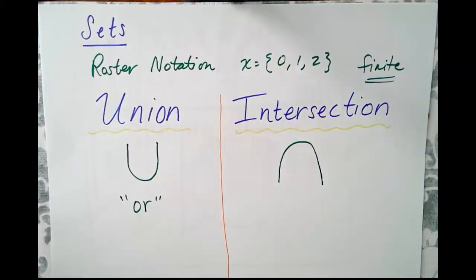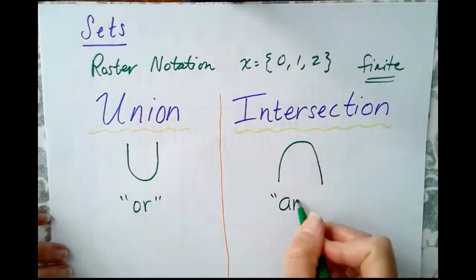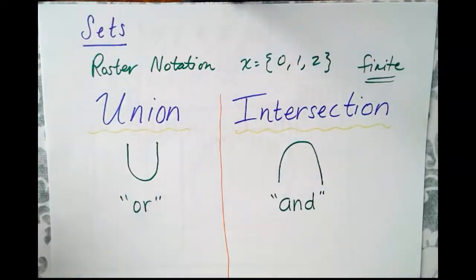An intersection of two sets is when we'll be using the word and. So if we think about a verbal example of union, we can say that everyone is either a boy or a girl. You fit into one category or the other.